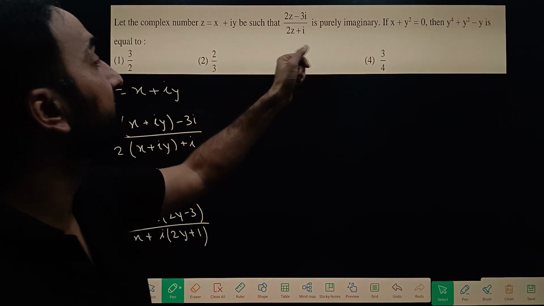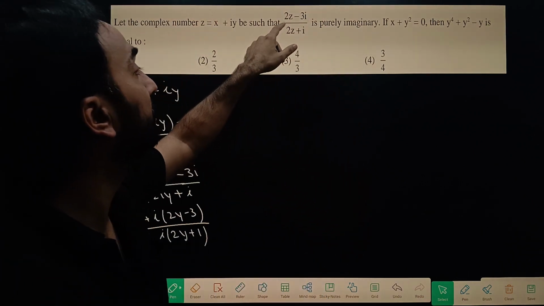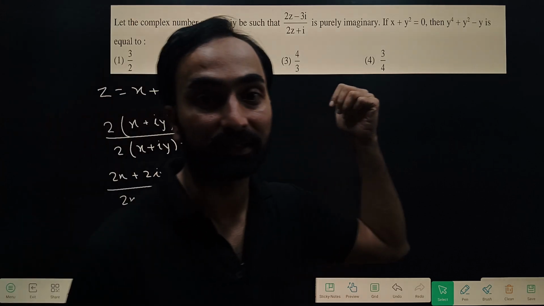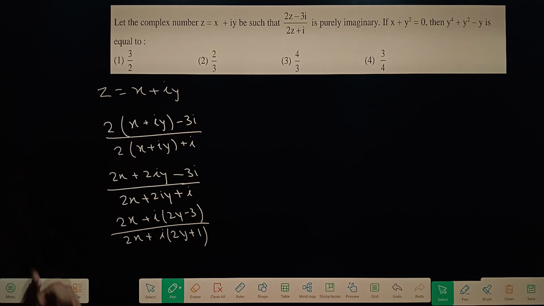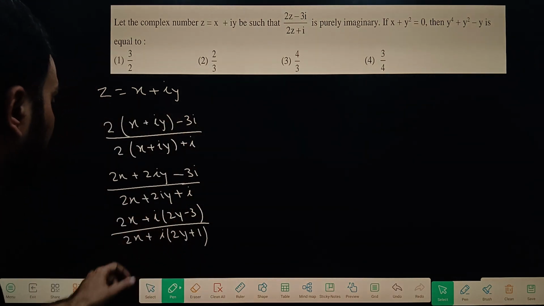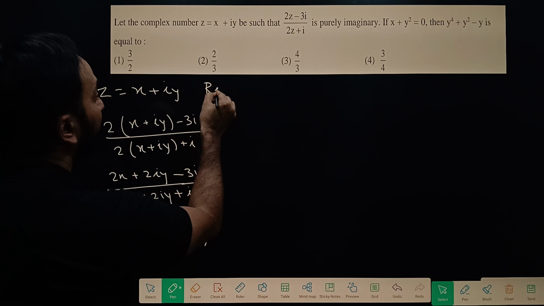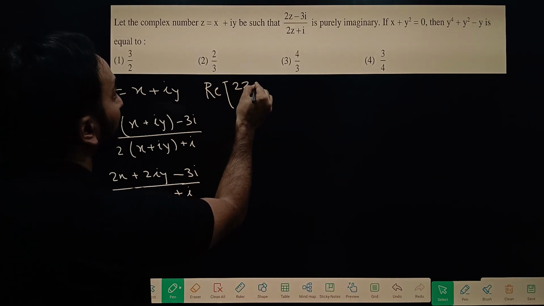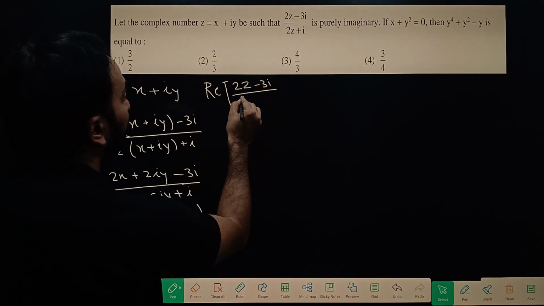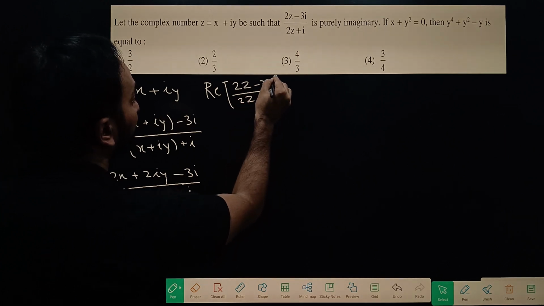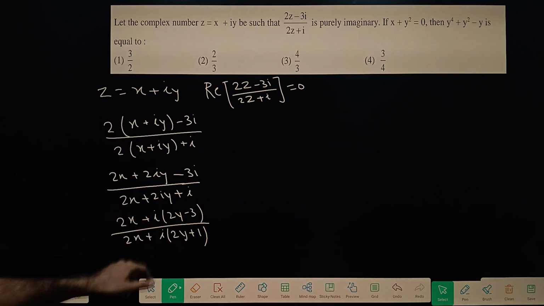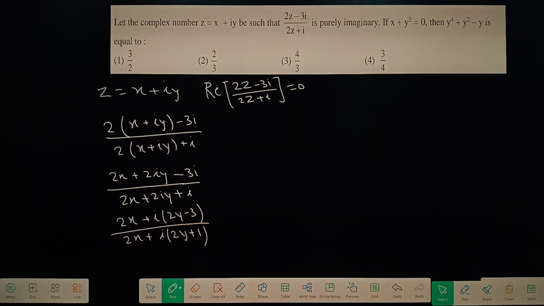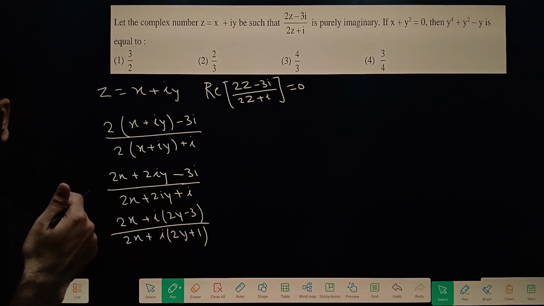Now it is mentioned that (2z - 3i) divided by (2z + i) is purely imaginary. So the real part is 0, because it is mentioned in the question that it is purely imaginary. Up to this term, we can rationalize it, and in the process of rationalization we change the sign of the denominator and multiply the numerator and the denominator.